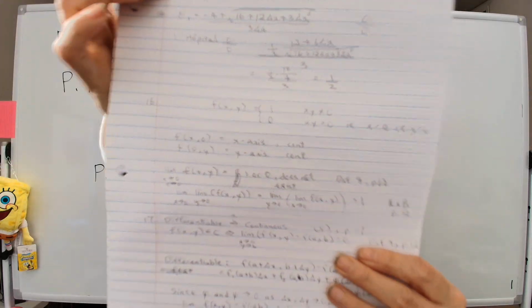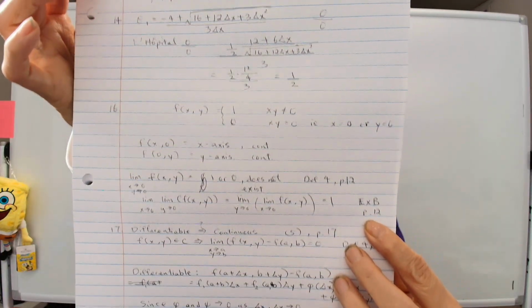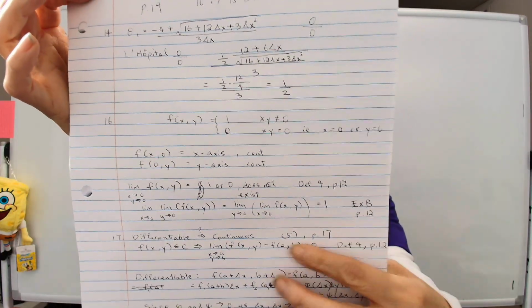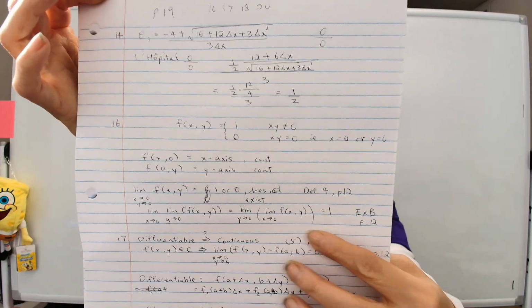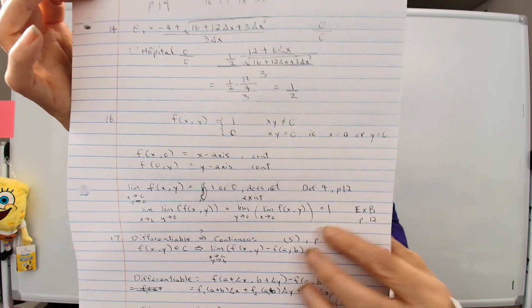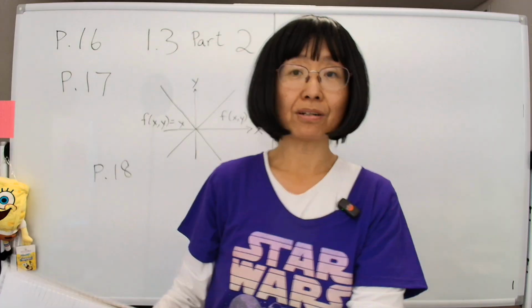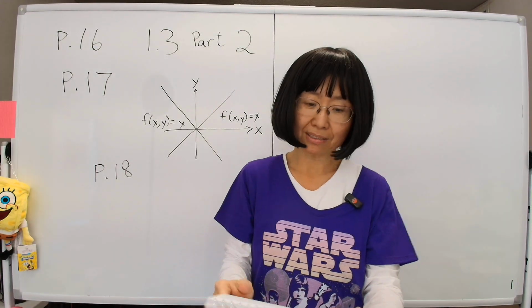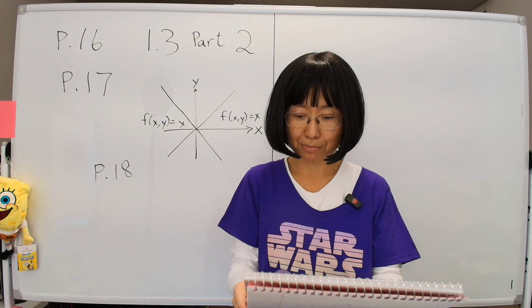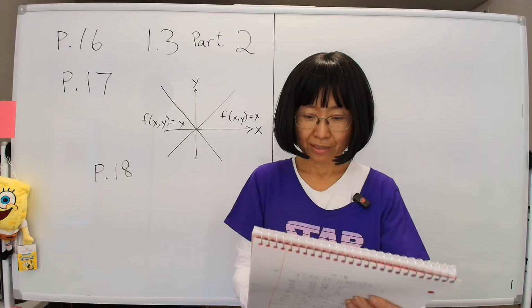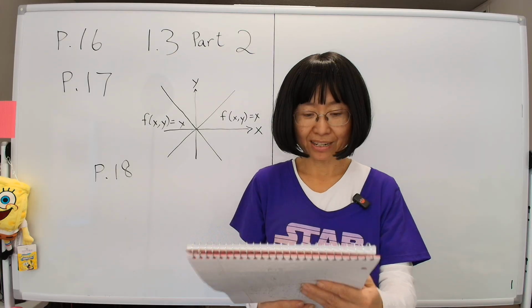This is similar to example B on page 12. So here's another interesting phenomenon, where the limit might exist and equal 1, and yet the function is not continuous. It's just one of those cute little exceptions that we'll look at and probably forget later.